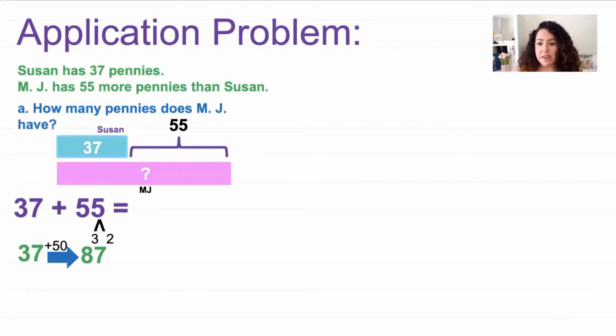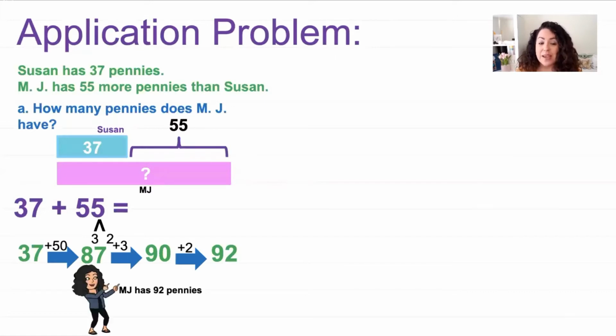So I'm going to break that 5 apart into 3 and 2. On my arrow way, I'm going to add 3, because that 3 will take me to a benchmark number, a nice 90. Then all I have to do is add that 2, which gives me 92. So MJ has 92 pennies.